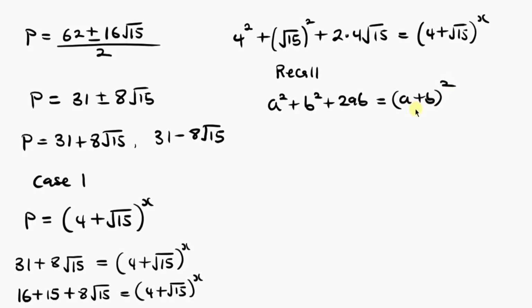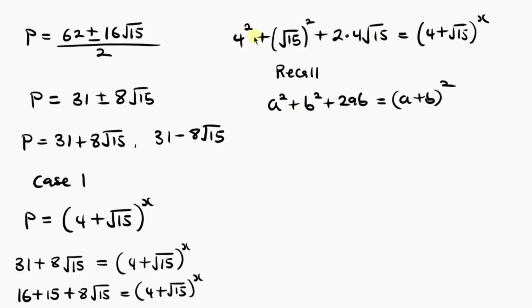Is that not so? That is it. So now, look at our expression. Does it look anything like this? 4 squared plus the square root of 15 squared plus 2 times 4 square root of 15. Does it look like a squared plus b squared plus 2ab?